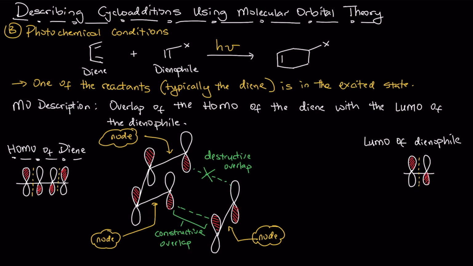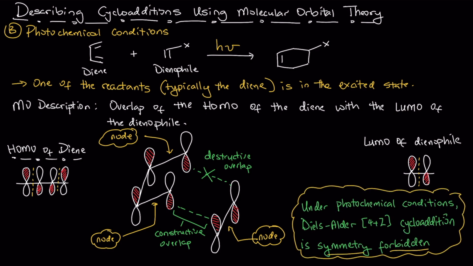And so once you've introduced one destructive overlap in this cycloaddition molecular orbital, it would mean that under photochemical conditions, which is when one of the reactants, typically the diene, is in the excited state, Diels-Alder 4 plus 2 cycloadditions are symmetry forbidden, which means that we should not expect to actually observe a Diels-Alder product if we tried to do a Diels-Alder reaction with light as opposed to with heat.